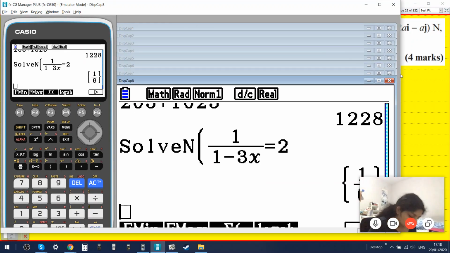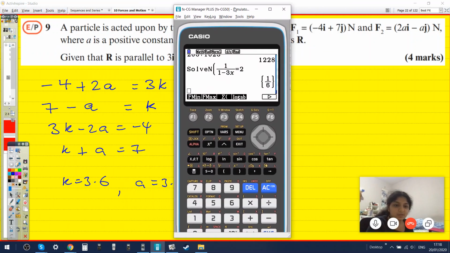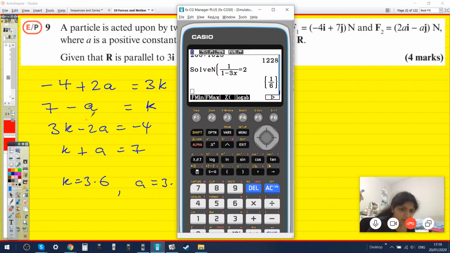I got 2A minus 3K is equal to 4, but I just did mine differently. And the second one, I got the same thing, but I multiplied it by 2, but it's still the same thing.